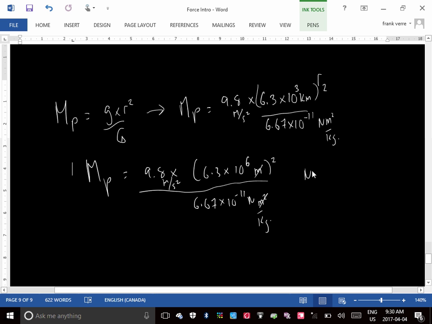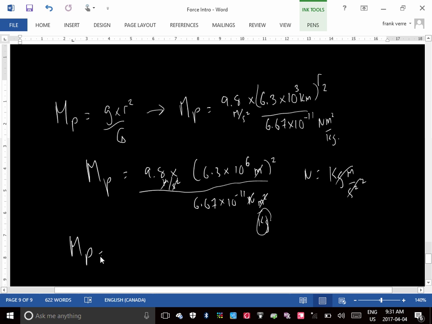A newton is what? Kilogram meter per second squared. So when you do all of the elimination of all of the units, you're going to have basically kilograms left when everything else gets eliminated. So you'll be left with just kilograms.